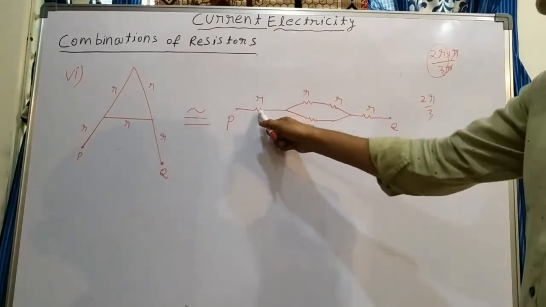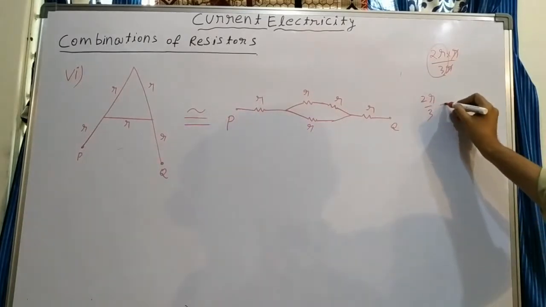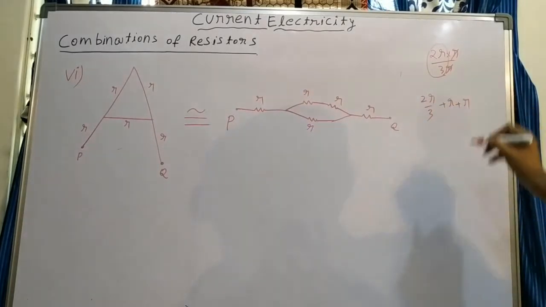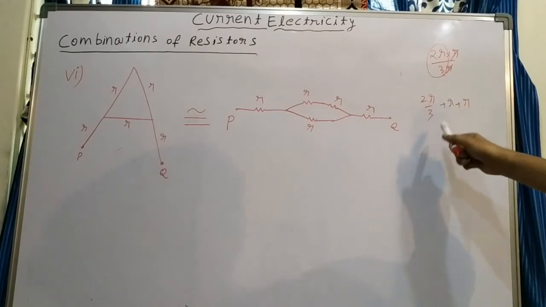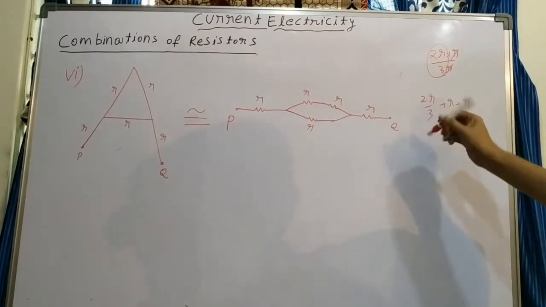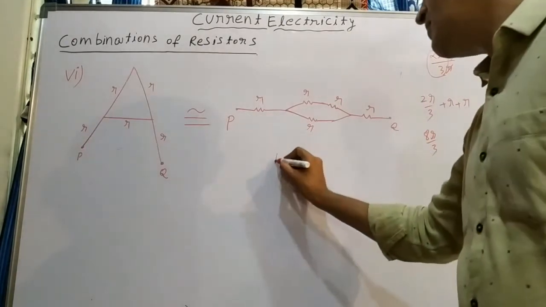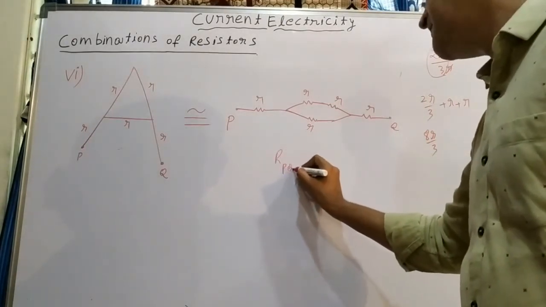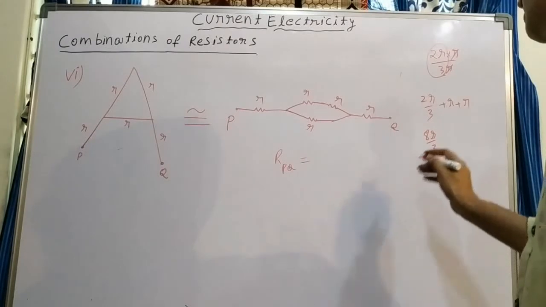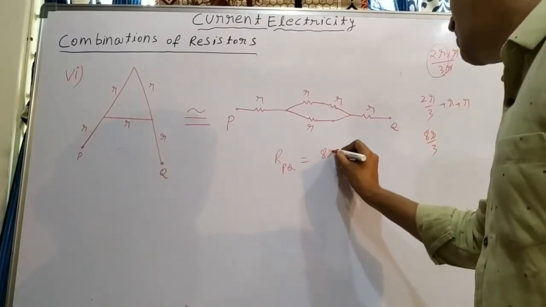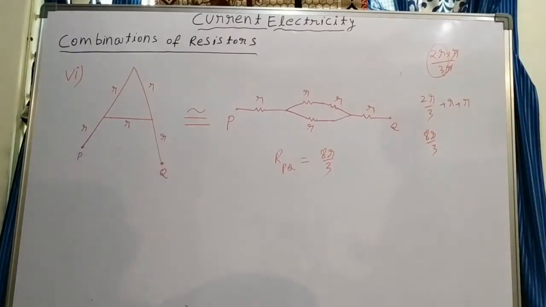This part is in series with these two, that is R plus R. So what do you get here? 2R by 3 plus 2R, that is 8R by 3 we get. So the resistance between PQ is 8R by 3.